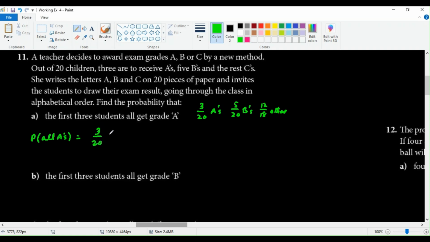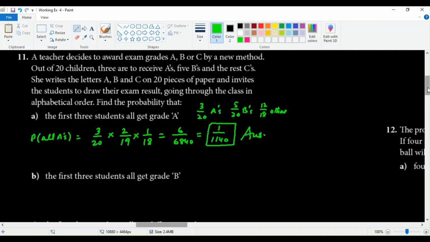Next is going to be 2 over 19 since 1 A is already given and out of the remaining 19. Then comes 1 over 18. So it's going to be reducing this way. Once we solve this, this is going to give us 6 over 6840. And once we simplify, it's going to give us 1 over 1140 as the answer for this question.